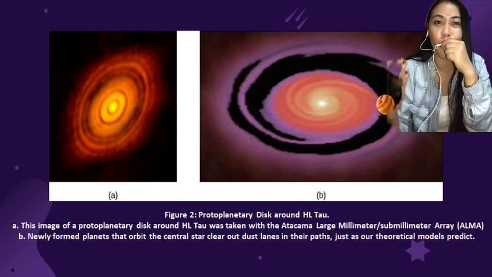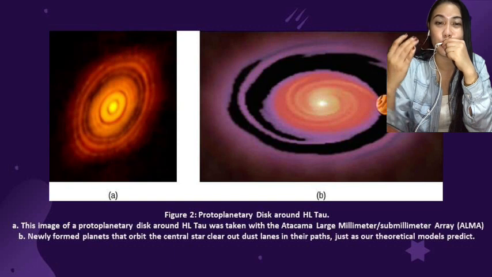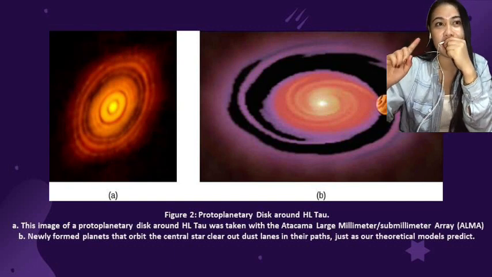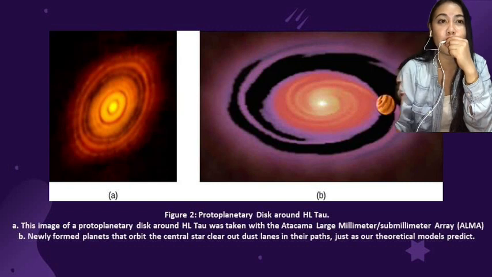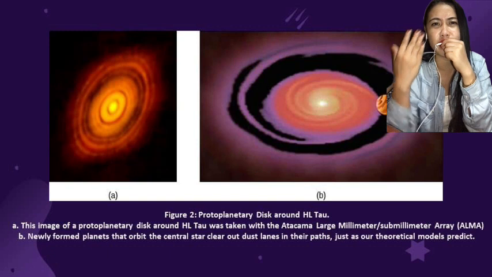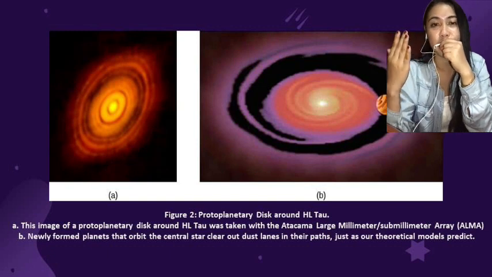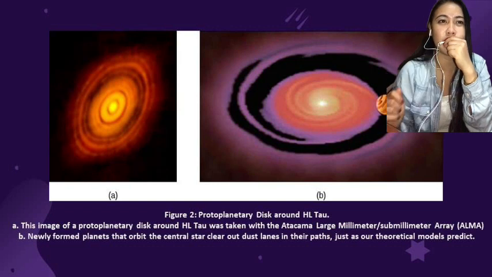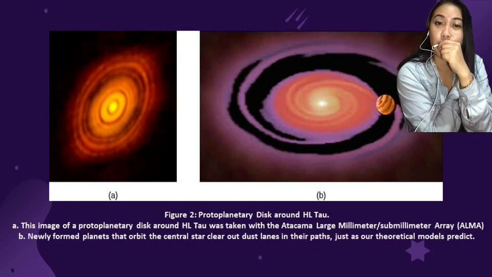The newly born protoplanets are too small and faint to be seen directly, but the depletion of raw materials in the gaps hints at the presence of something invisible in the inner part of the circumstellar disk. And that something is most certainly one or more planets.